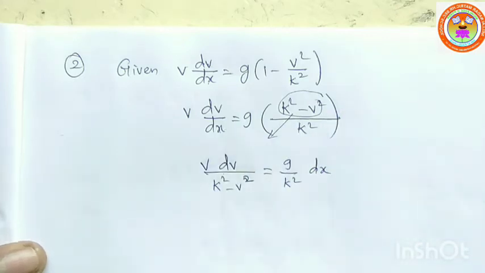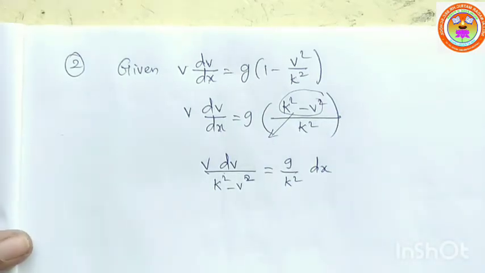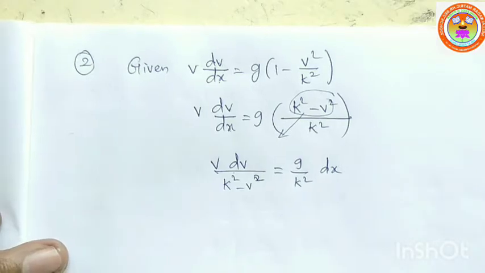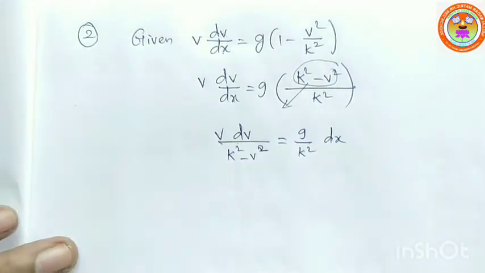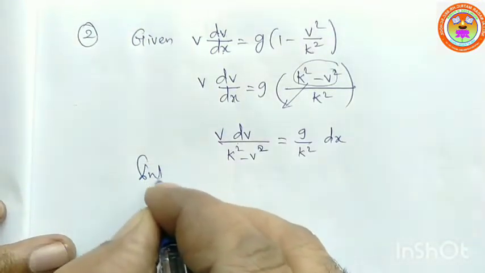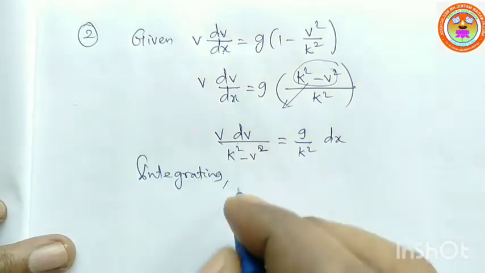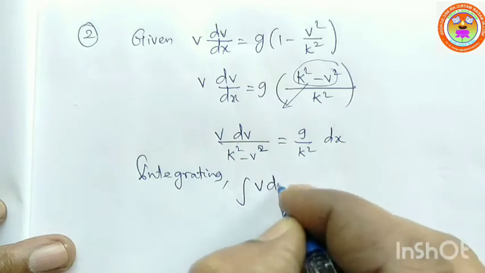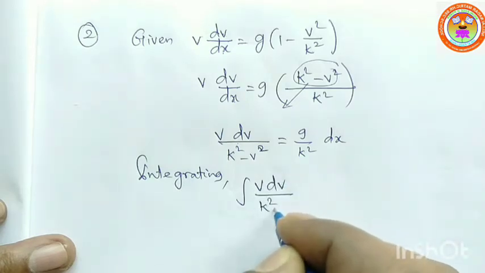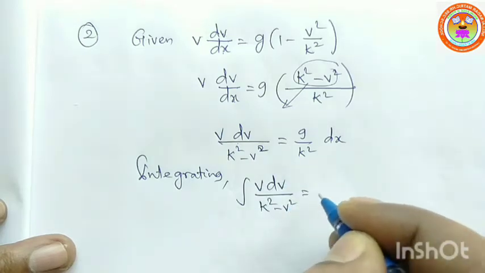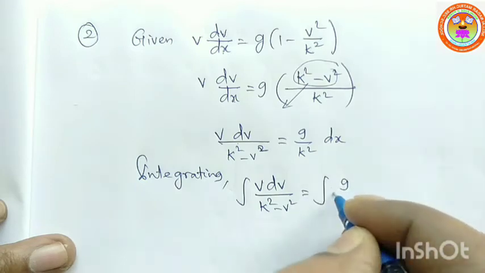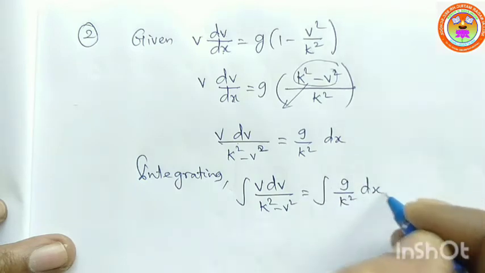Okay. So after separating the variables, we have to apply integration. When we are integrating, integral of v into dv by k square minus b square is equal to integral of g by k square into dx.